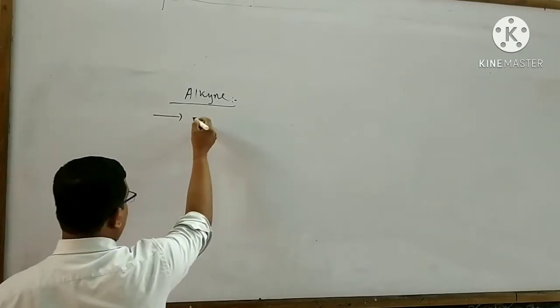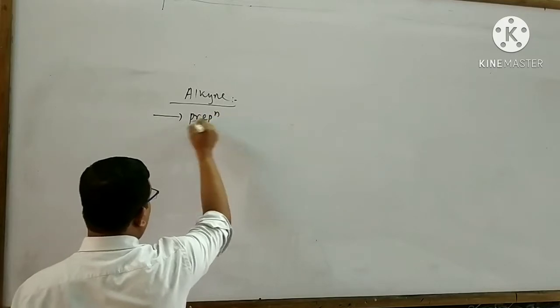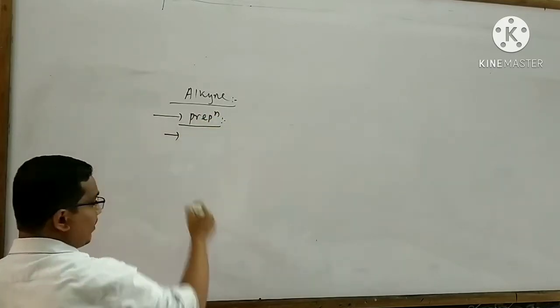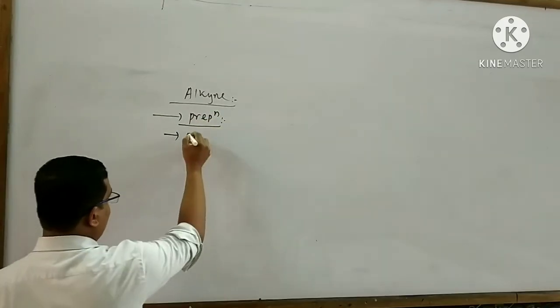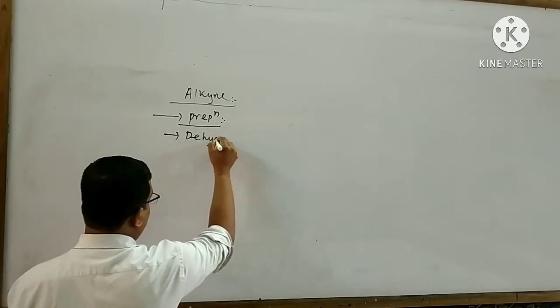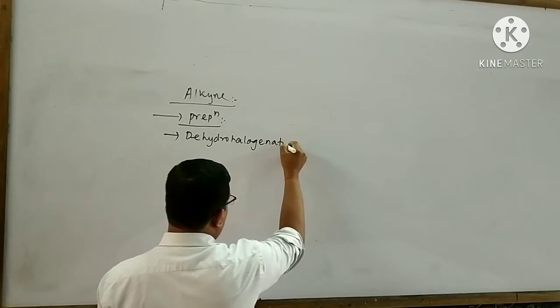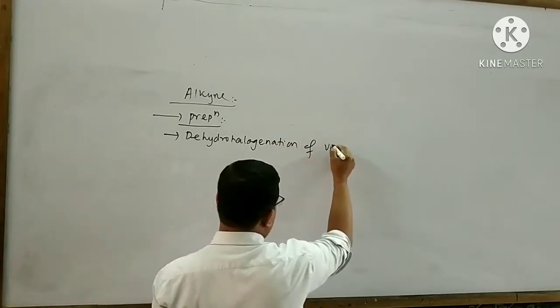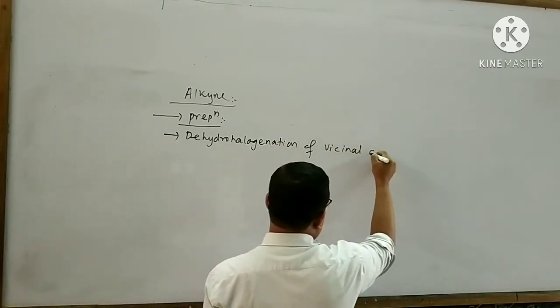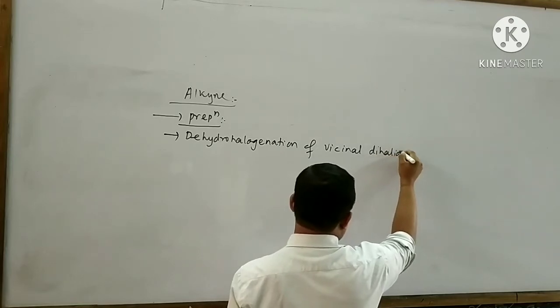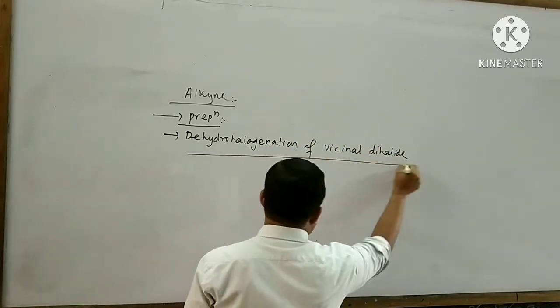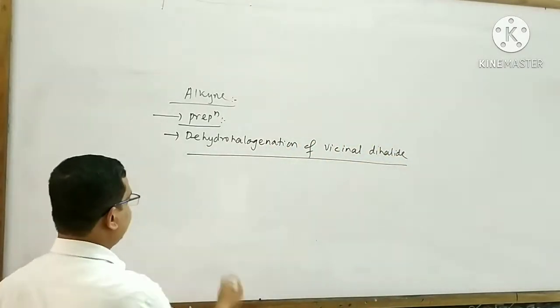Next I will explain about the preparation of alkyne. At first I will discuss the dehydrohalogenation of vicinal dihalide. Take an example of vicinal dihalide.